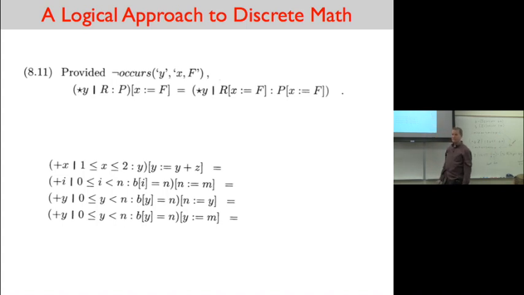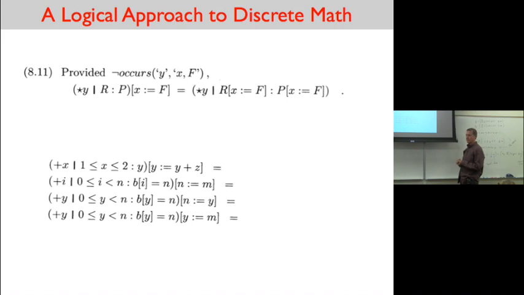And you don't do it in the dummy. Furthermore, not only do you not do it in the dummy, but you can't, because this only works provided Y is not in X or F. So if Y is in X or F, what do you have to do first? You have to rename the dummy. Then you can do the textual substitution.